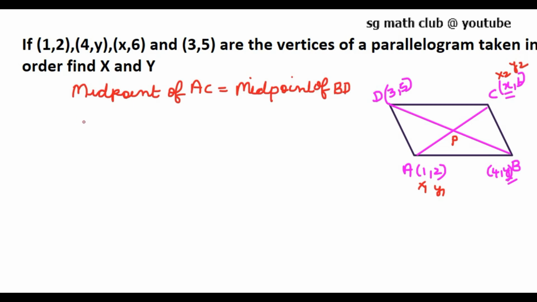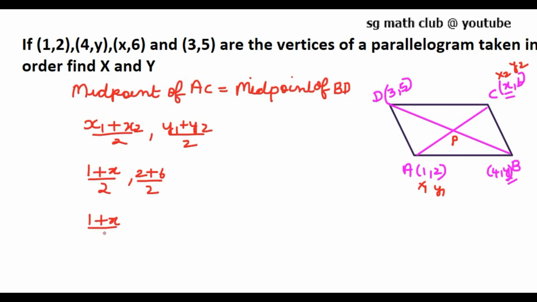We know the midpoint formula is (x1 plus x2) by 2 and (y1 plus y2) by 2. So we will substitute now. x1 is 1, so (1 plus x) by 2 and (2 plus 6) by 2. This is (1 plus x) by 2 and 8 by 2 is 4.